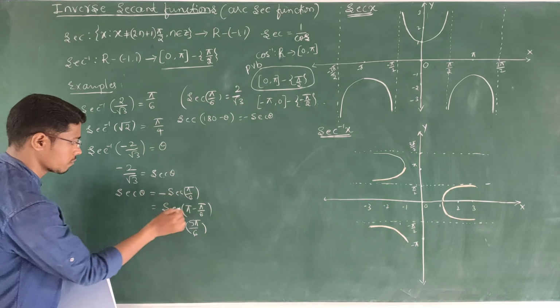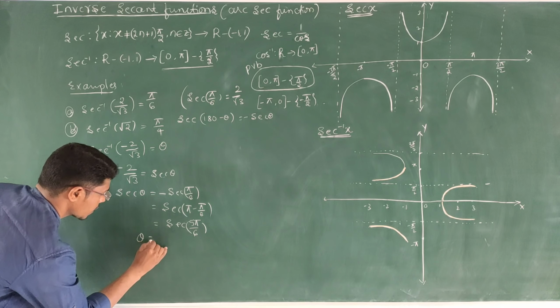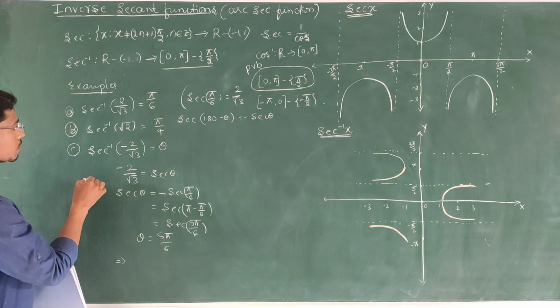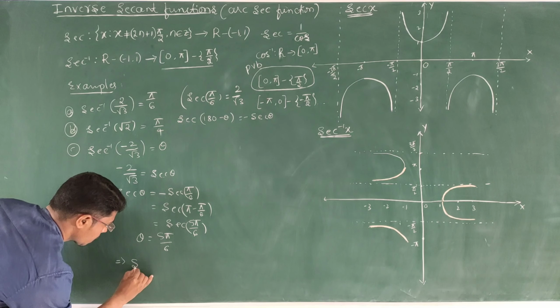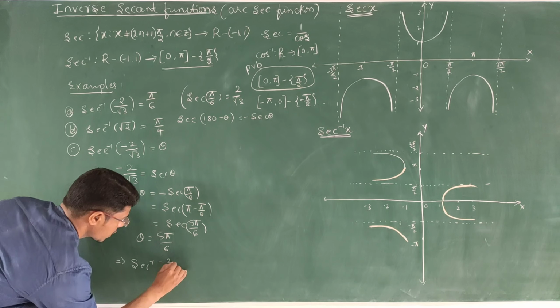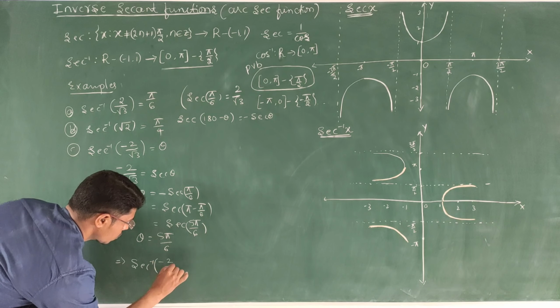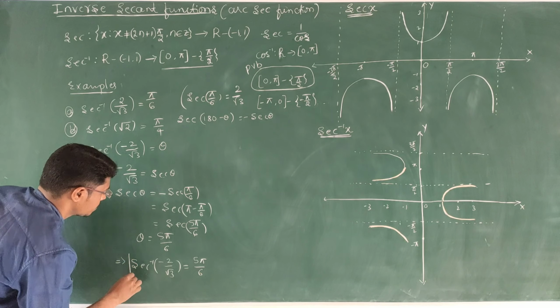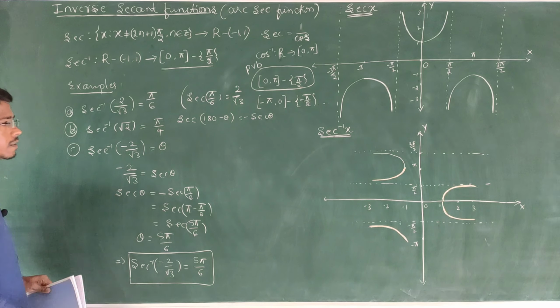Therefore theta is equal to 5 pi divided by 6. This implies our problem, sec inverse of minus 2 divided by root 3, is equal to 5 pi divided by 6.